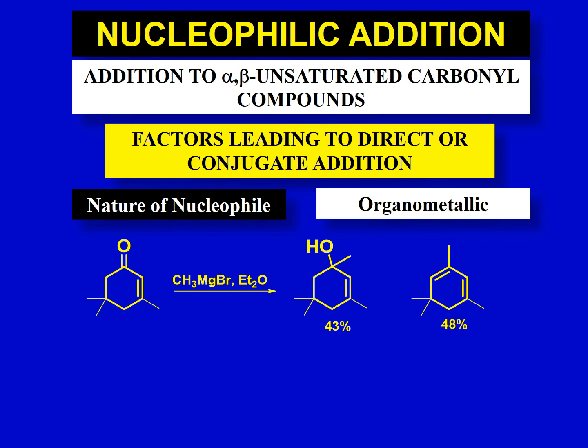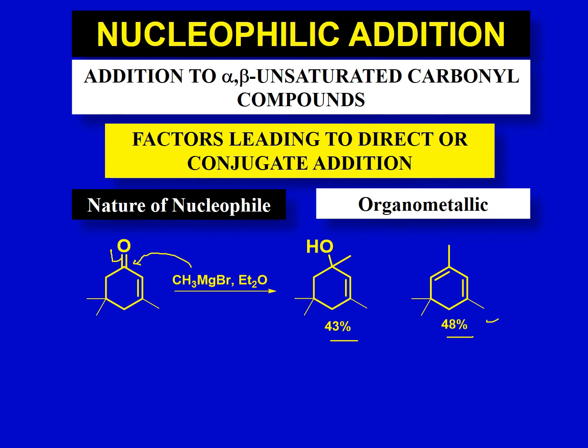But if you look at the products, you see a spread of two different products. This alkyl magnesium bromide will attack the carbonyl carbon because it's a hard nucleophile. But you have 43% of the tertiary alcohol and 48% of another product here.